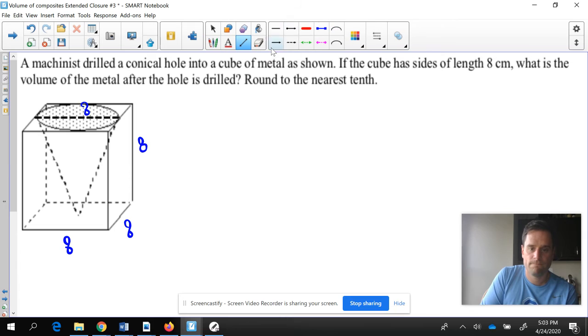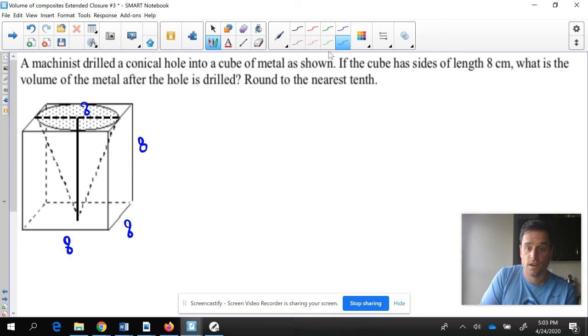And it also tells me that this height from top to bottom is also 8. So you're going to notice we're going to have a lot of 8s in our problem. So how do we solve this? Well, we have to find the volume of the cube, and we have to subtract out the volume of the cone. So it's actually a lot easier than it looks. I know it looks like a lot of 8s and a lot of craziness, but let's solve this. Let's say the volume equals, I'm going to label this. This is going to be the cube. We're going to find the cube first.